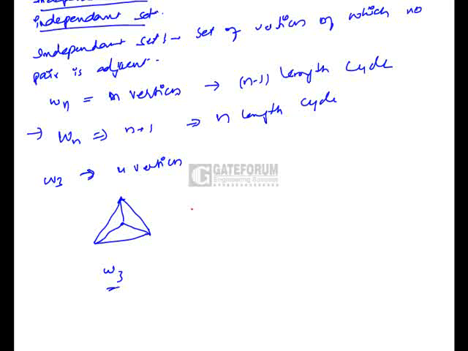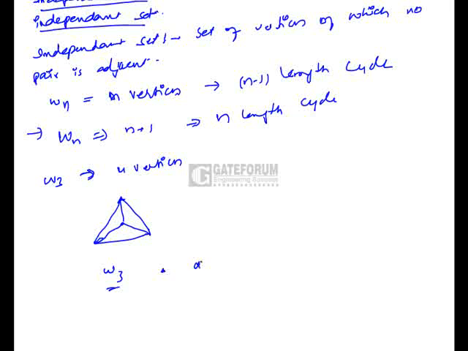Here the independence number would be the size of the largest independent set, and here at most we can take only one vertex, so that no two vertices are adjacent. If we take more than one vertex, it will be adjacent to this vertex.